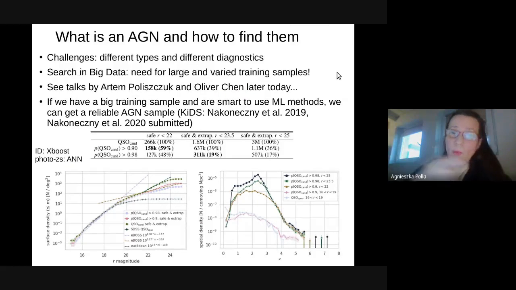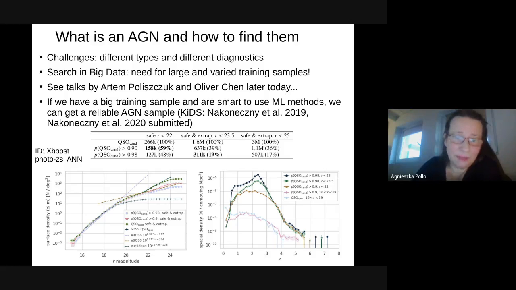Now, one very important type of objects in this kind of data are AGNs. And with AGNs, we always have problems, first of all, how to define them. Different diagnostics give us different types of AGNs. You will have a couple of talks about different problems of automated finding of AGNs later today.